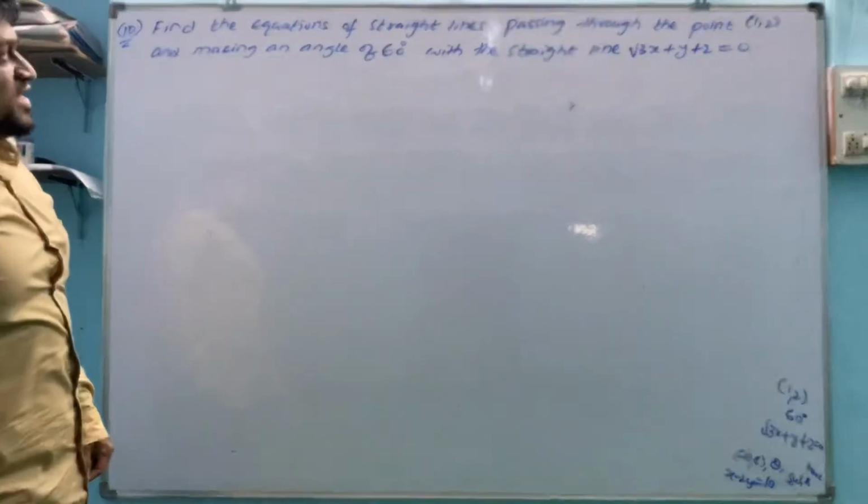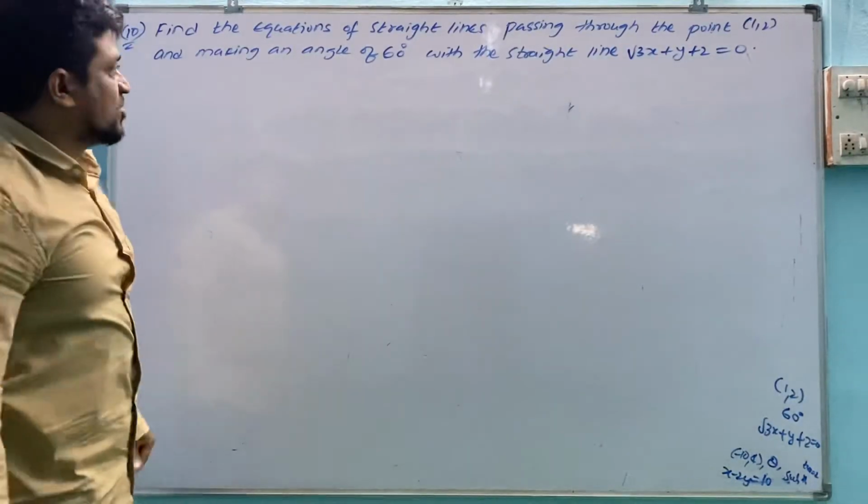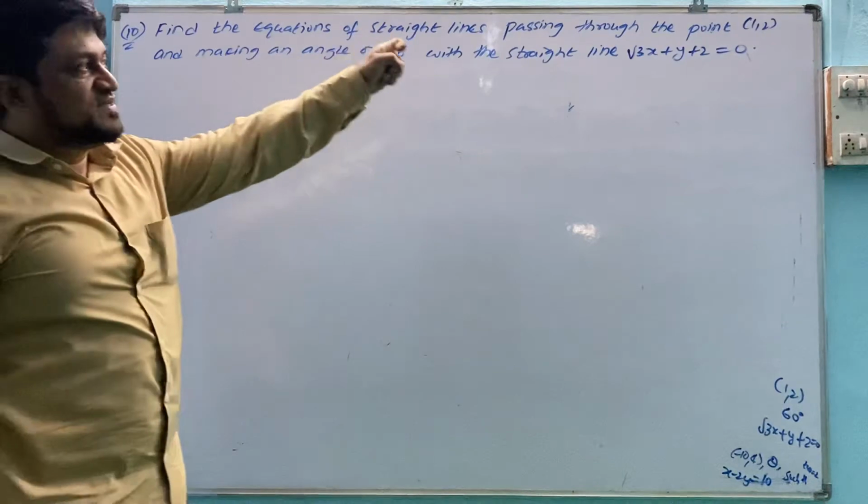What they have given: find the equation of the straight line passing through the point (1, 2) and making an angle 60 degrees with the straight line.